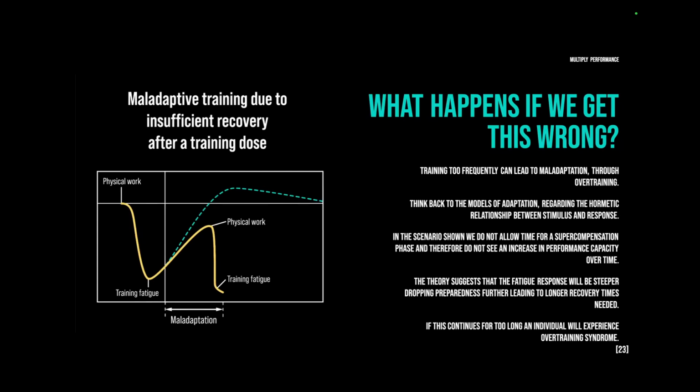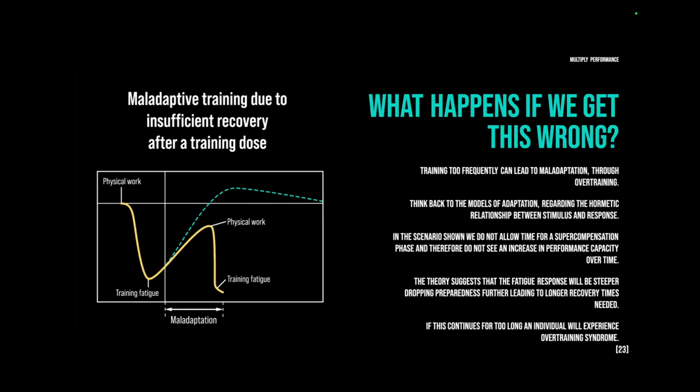But also there's a risk that that secondary stimulus is going to lead to a steeper decline in performance capacity and a lower drop in performance capacity, so we're going to be even further from baseline, and as a result longer recovery times. And if that continues for too long, if it's not necessarily planned in any particular way, we might reach a point where we start to experience overtraining syndrome.